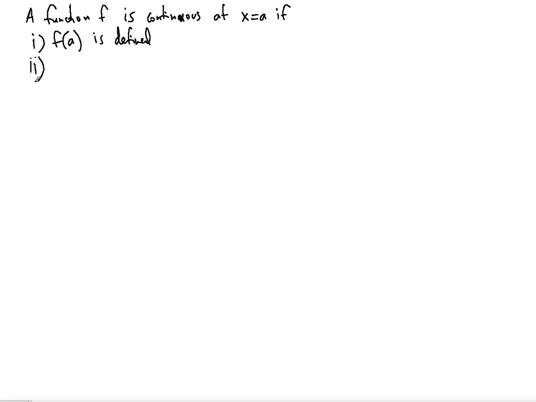The second condition states that the limit as x approaches a of the function f of x exists. Okay, and finally, the third condition, the limit as x approaches a of f of x is going to be f of a.